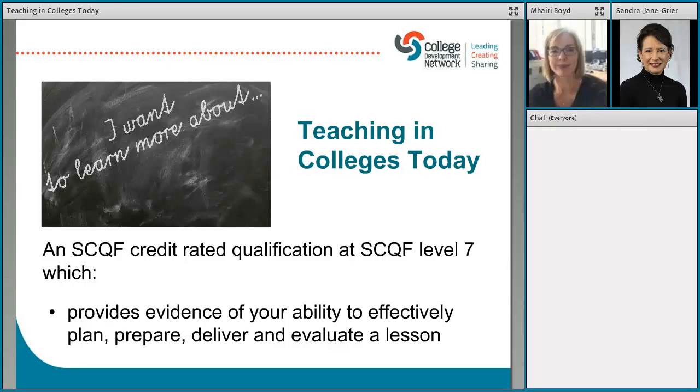And for many staff, having the opportunity to engage in a more formal type of learning that included credible benchmarking of competence and knowledge or skills is important. And that's one of the reasons we felt it was important to have this particular qualification SCQF credit rated officially.